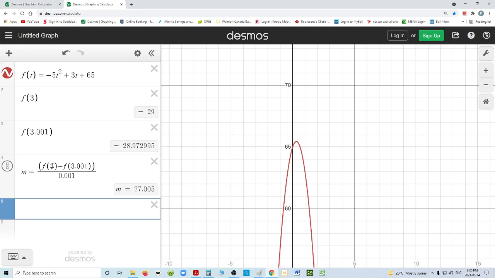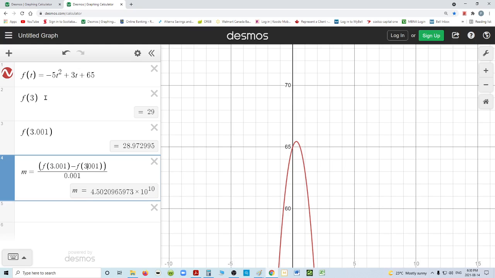Why is it important to have the 3 after? Because, and maybe this is a great point to go through, my delta x and my delta y have to match. So my x at this is 3.01 and my x here is 3.